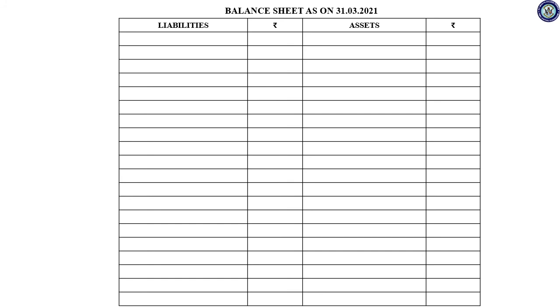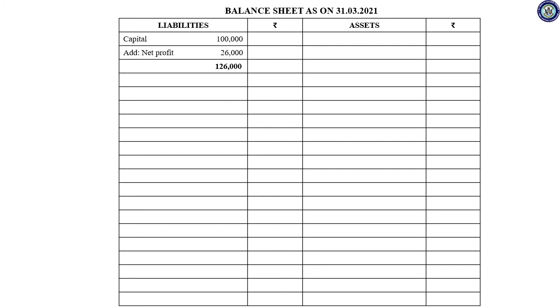So the first item in the trial balance is capital, 1 lakh. Write the amount in the inner column. To this capital, you have to add additional capital if any. There is no additional capital, so you have to add net profit. If it is a net loss, then you have to deduct. In this problem, it is net profit, so add net profit 26,000.